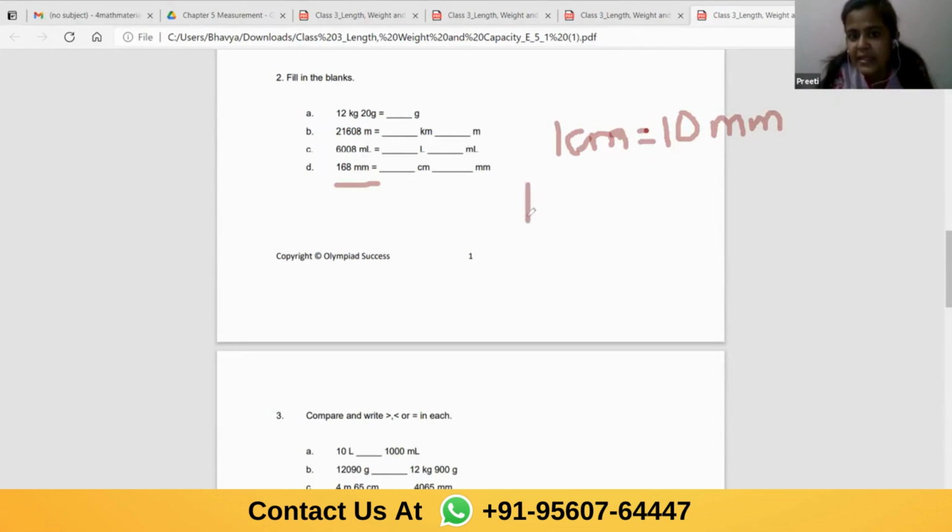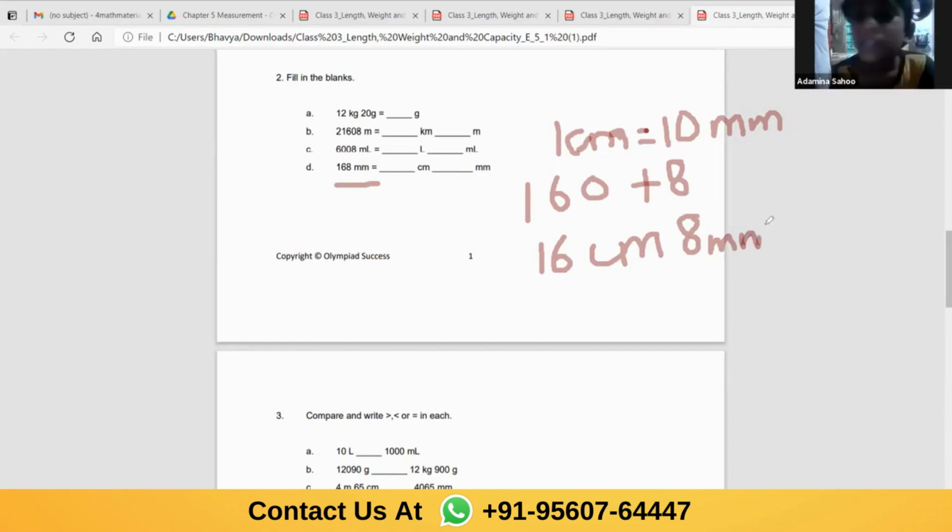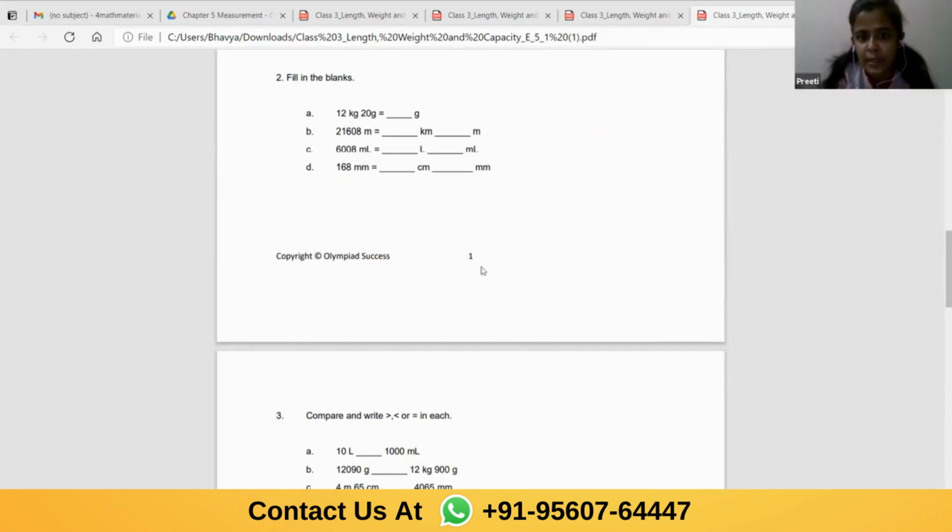Then this 168, we will split like 160 plus 8. Then 160 millimeters is equal to 16 centimeters, and 8 millimeters will remain as it is. Okay, ma'am. Okay, bacha. Now when I move to question 3 only, then tell me question 3 doubts.